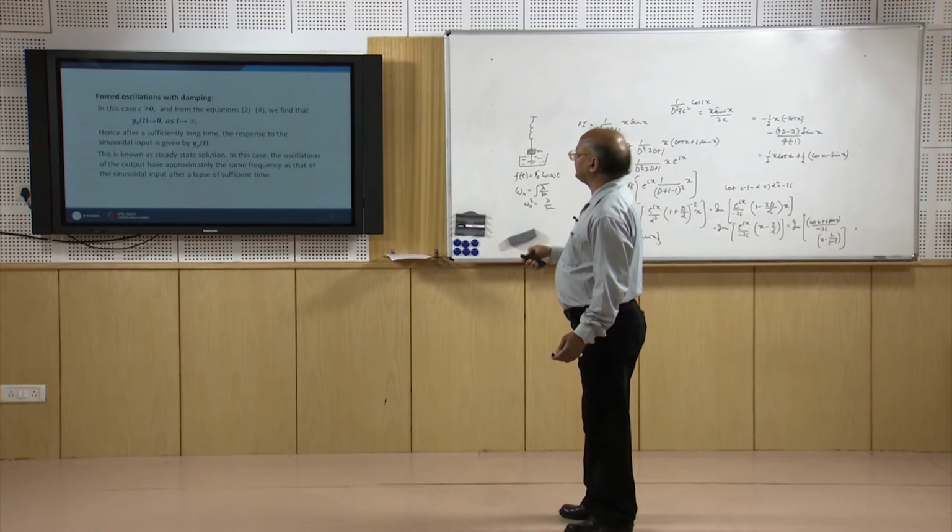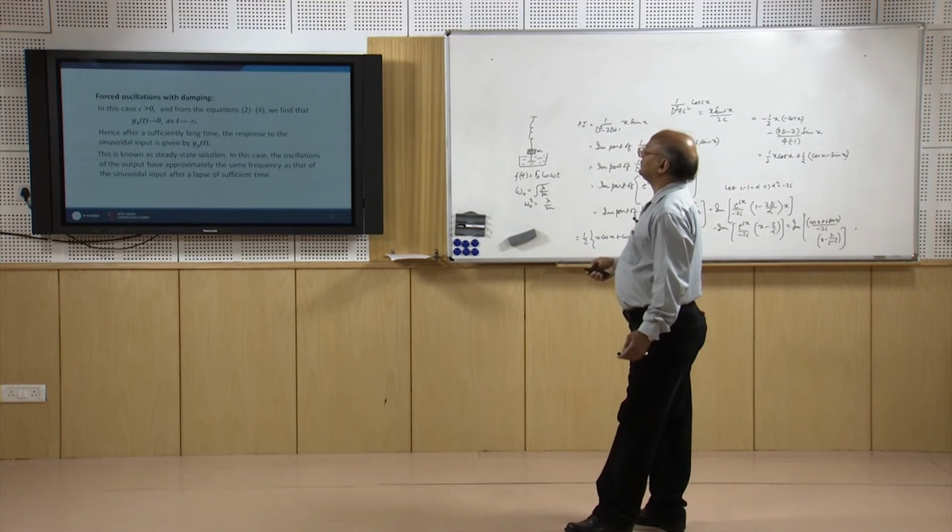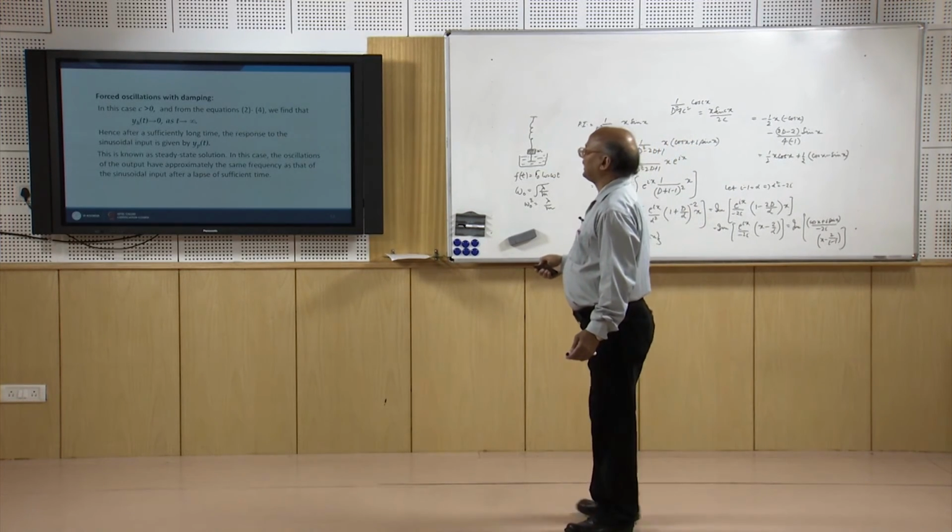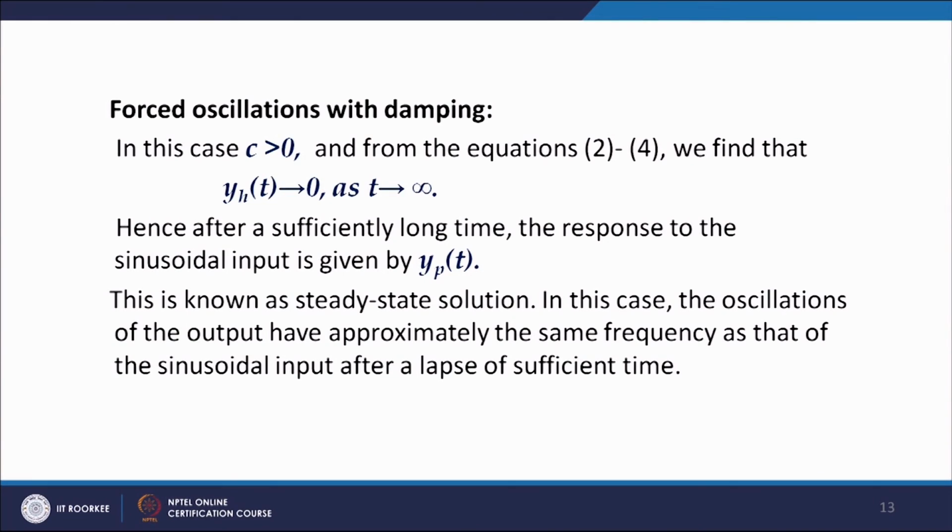So now y_h(t) is nothing but the complementary function, because y_h(t) is the general solution of the associated homogeneous linear differential equation. So y_h(t) goes to 0 as t goes to infinity. Hence after a sufficiently long time, the response to the sinusoidal input is given by y_p(t), because the y_h(t) term tends to 0.